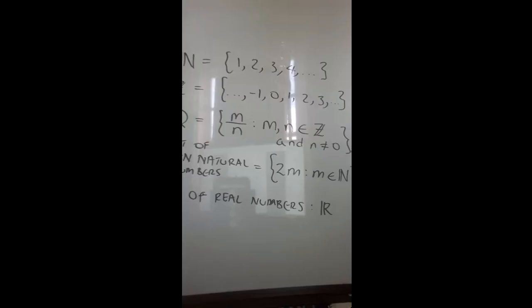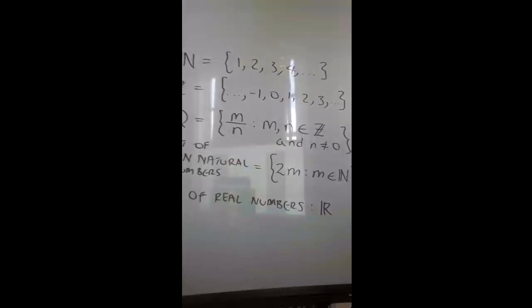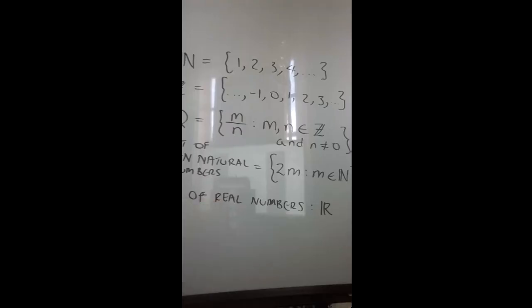Does anyone know what set of numbers is missing that would complete the list with the real numbers? Irrational. Irrational, correct. Because we've mentioned everything that is rational, but we haven't mentioned irrational. But we don't really use irrational numbers for the first part of the course that we're going to be looking at. So. All right, Jermaine.